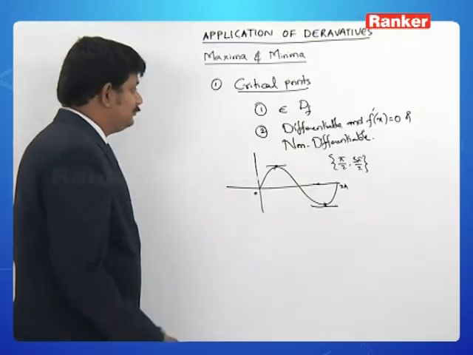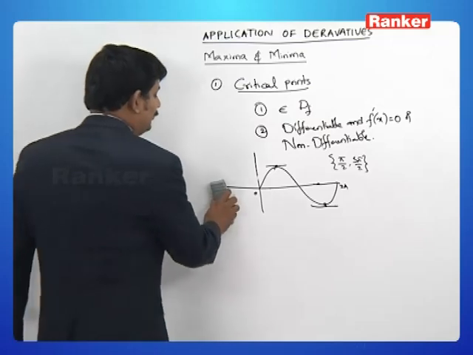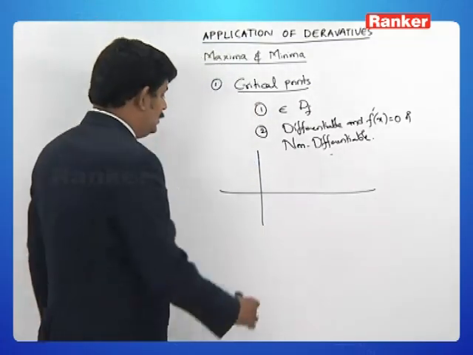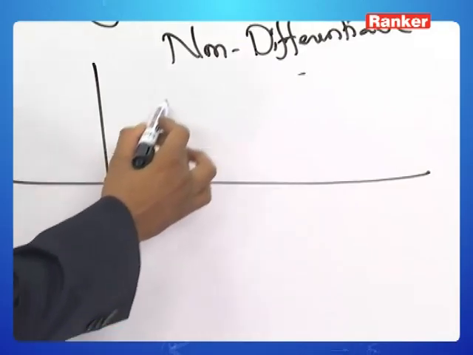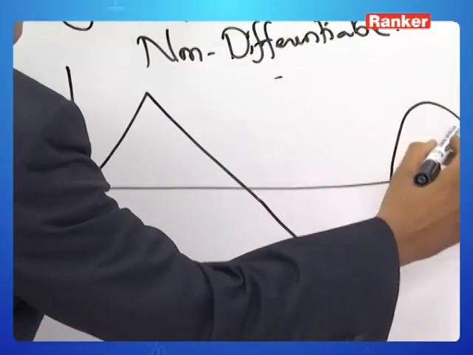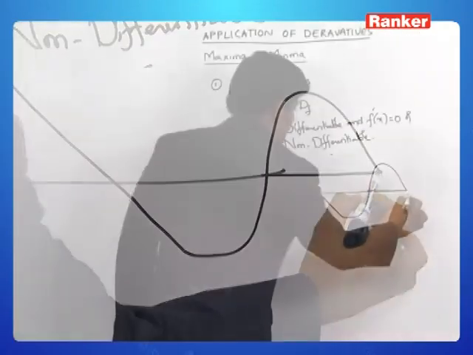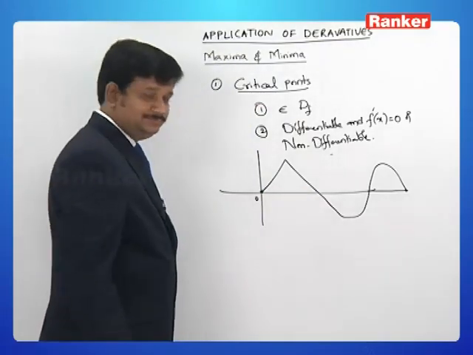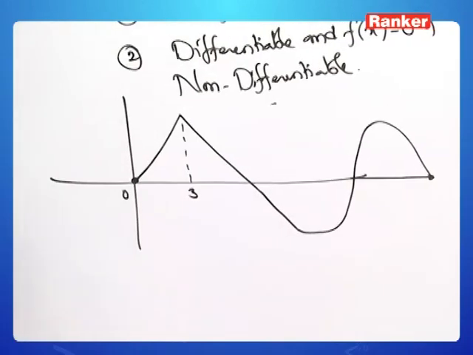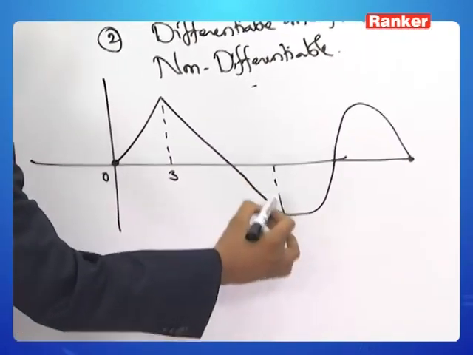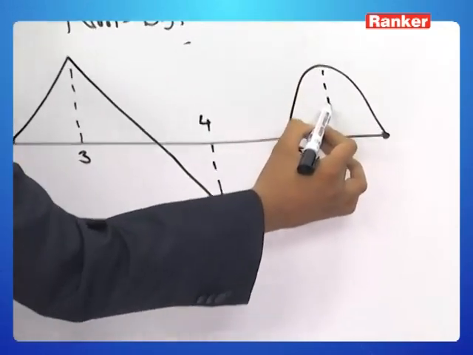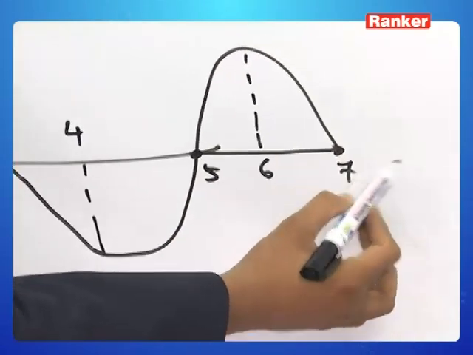Let me give you an understanding of critical points with the help of a graph. Let us draw a function whose graph is this way. Let us say this is 0, and the abscissa of these points are 3, 4, 5, 6 and 7.